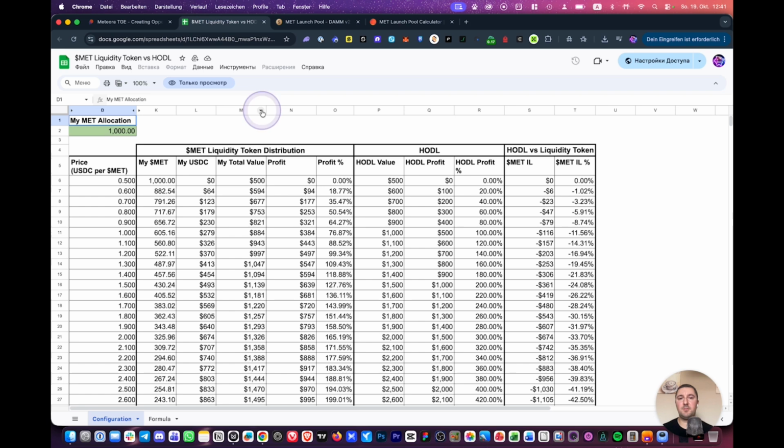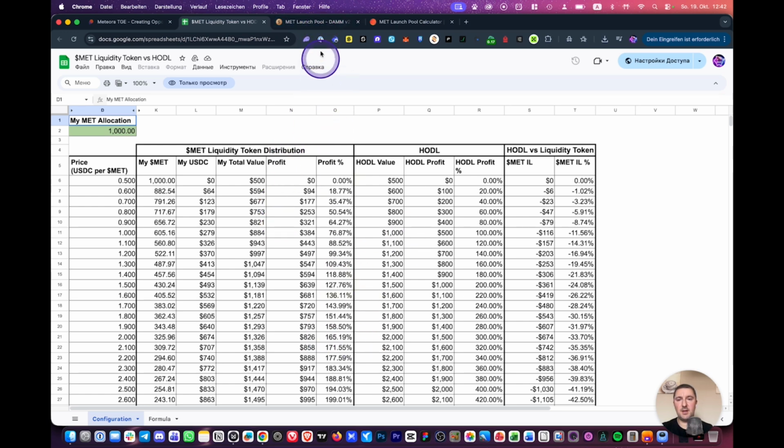Giglet made a great Google sheet which shows you what will happen at certain prices with your liquidity position, compared to if you just HODL the tokens, and which kind of impermanent loss you will face when you just use the NFT position.